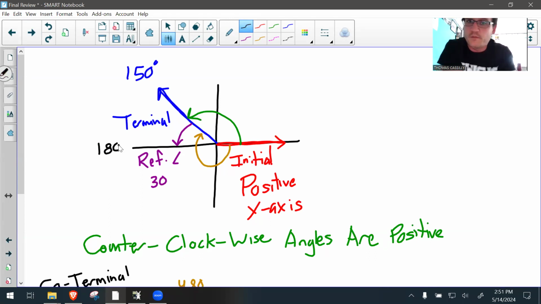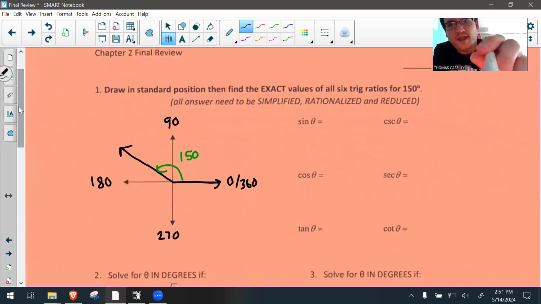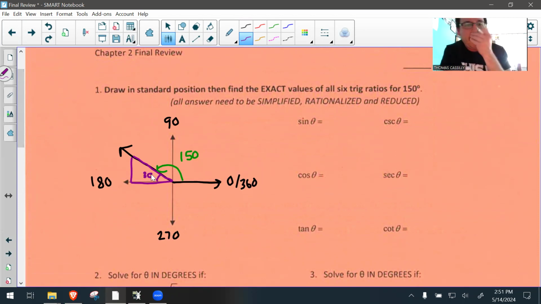So 150 plus 30 gets us our 180-degree angle. They're asking for an exact ratio, so we have to look at this piece right here. What is this angle? That is a 30-degree angle.